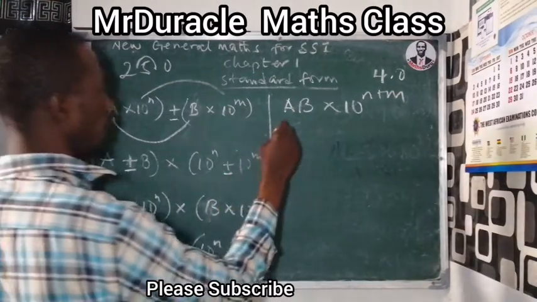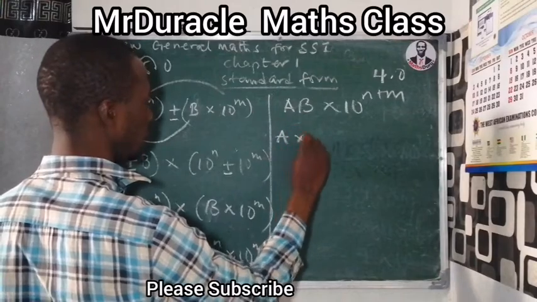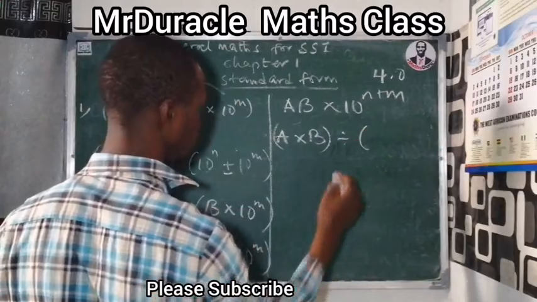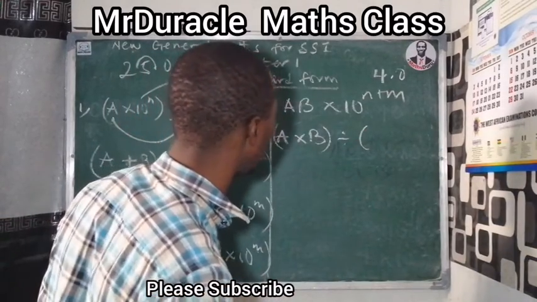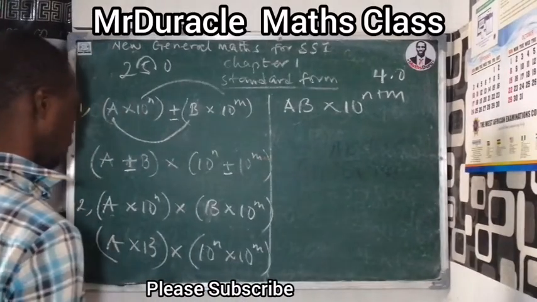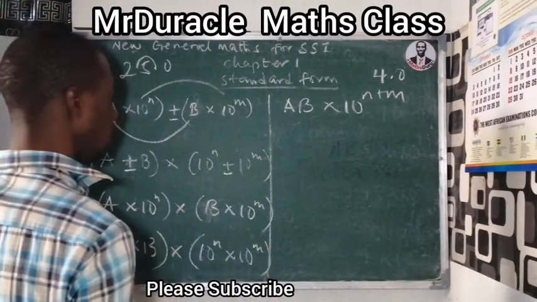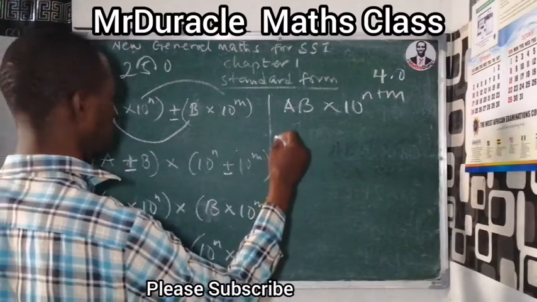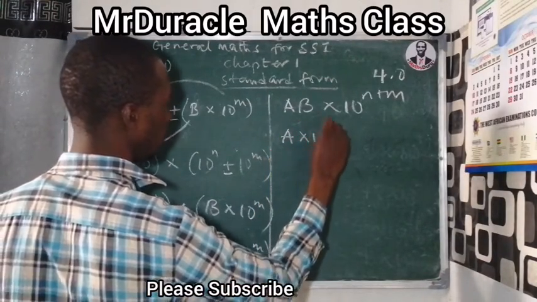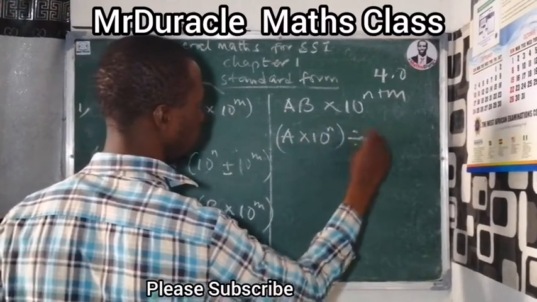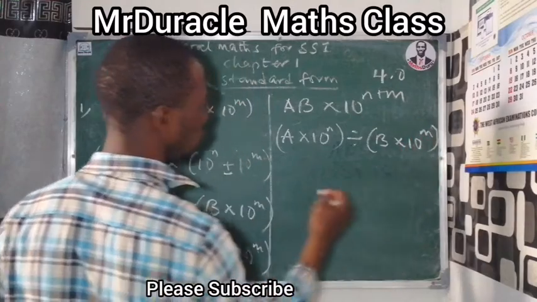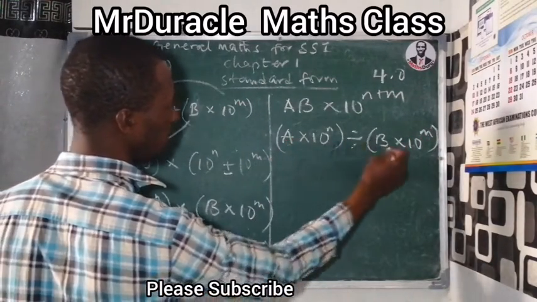For division, it's still the same thing. Let's say I have A times 10 to the power of n divided by B times 10 to the power of m. You still need to divide this by this.